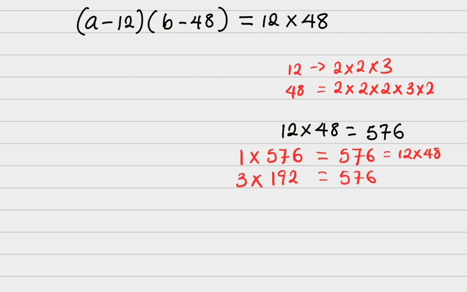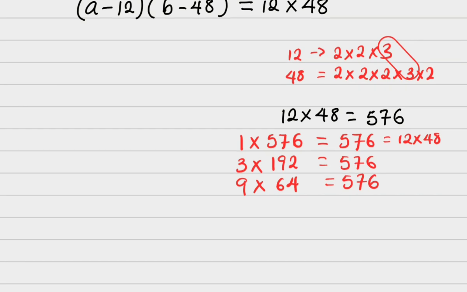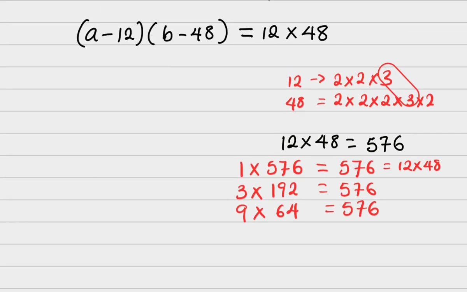Now I can combine 3 and 3. If I multiply, it's going to be 9. So I know 9 too is qualified. So 9 times what? I think 9 times 64 will give me 576. So it means I have all the odd numbers among the factors of 12 and 48 combined that multiply some other factors to give me 576.